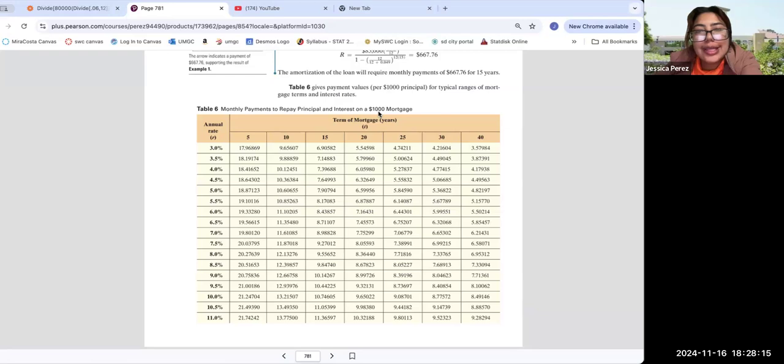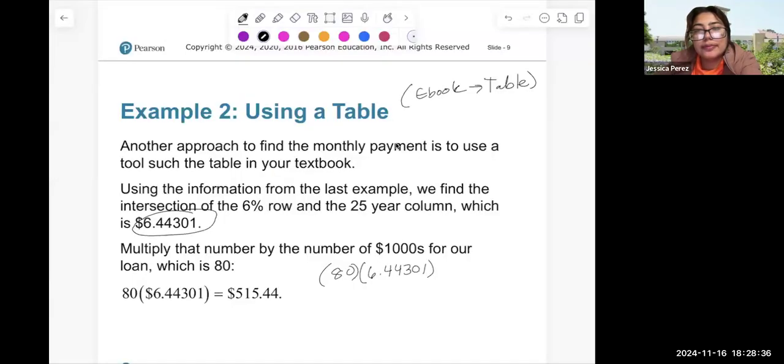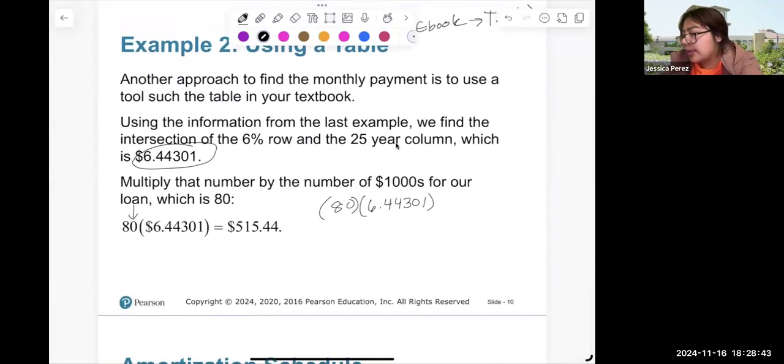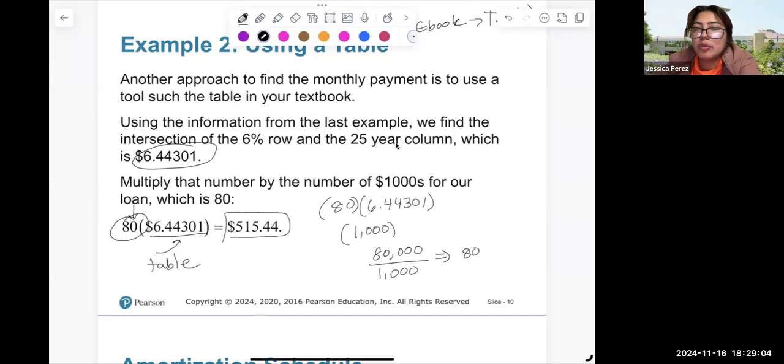So $80,000 divided by 1,000 is 80. So 80 times the value from the table, 6.44301, gives us the same amount, 515.44.